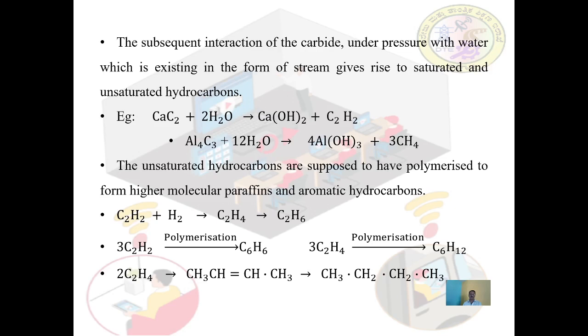Ethylene on polymerization gives butylene, and further on hydrogenation it gives butane, that is, unsaturated and saturated hydrocarbons.